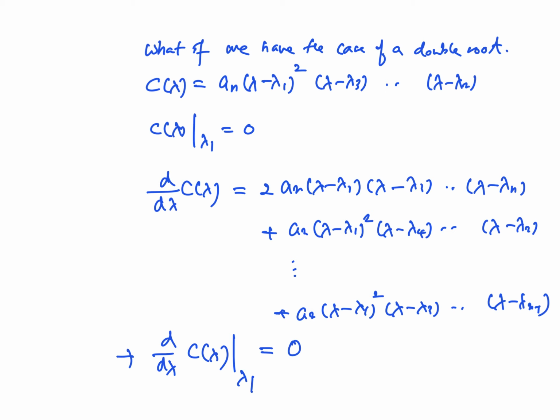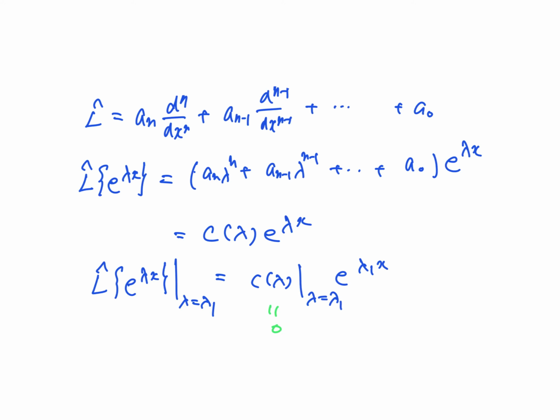So when you substitute lambda 1 into C lambda, it is 0. But also if you substitute lambda 1 into d C lambda d lambda, it's again 0, right? Oh, I made a mistake again.